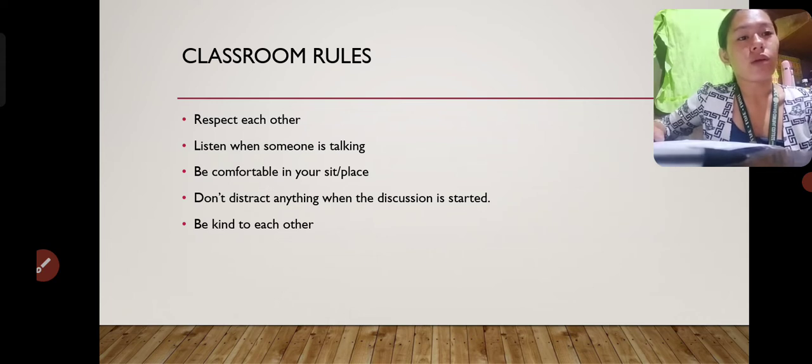Makinig muna tayo kung merong magsasalita. Kasi bibigyan ko rin naman kayo ng time para kayo din ay makapagsalita. Then, third is be comfortable in your seat or place. Don't distract anything when the discussion has started. Then, be kind to each other.